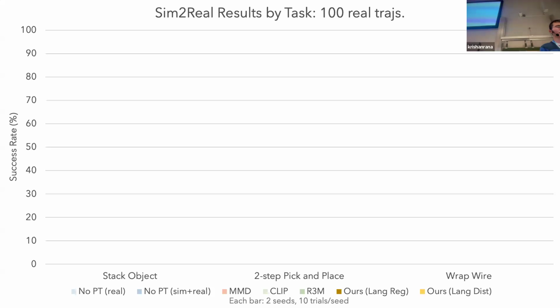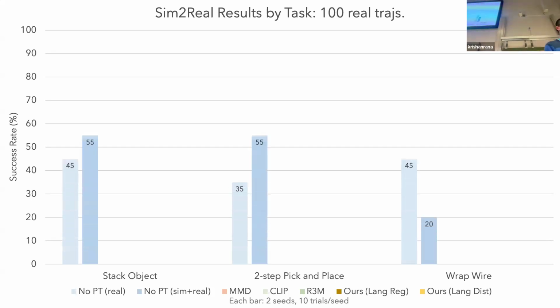We describe our results here for 100 real-world trajectories. On the x-axis are the 3 task suites, and the y-axis is the success rate. In shades of blue are the non-pre-trained baselines, which are BC randomly initialized policies trained either with or without simulation data. In red is MMD, which is a classic popular domain adaptation approach.